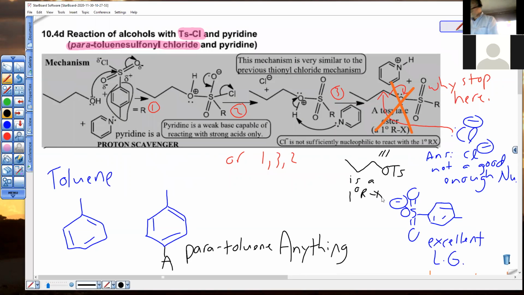That means it's a good molecule by itself. And it's a chapter 9 molecule now. So we could use it for substitution reactions or elimination reactions, depending on what we want to do.